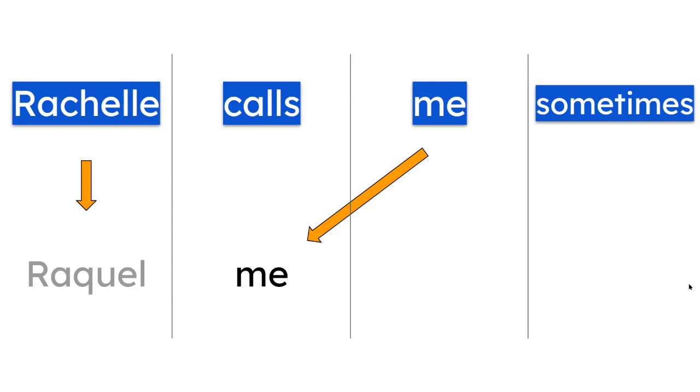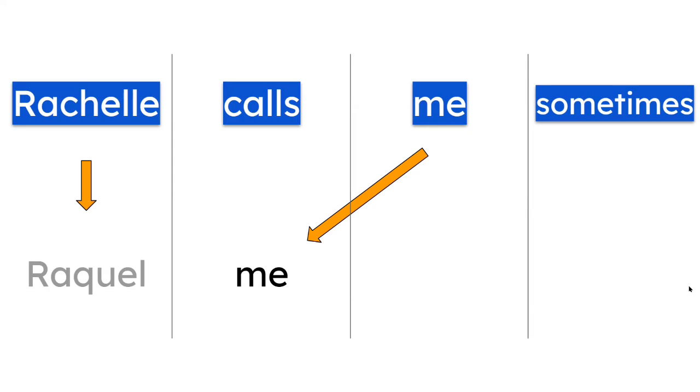It's called the doer. That's Rachel, aka the subject. And the one receiving the action is me, and this is known as an object pronoun. So two people, one is doing the action and the other one is receiving the action.